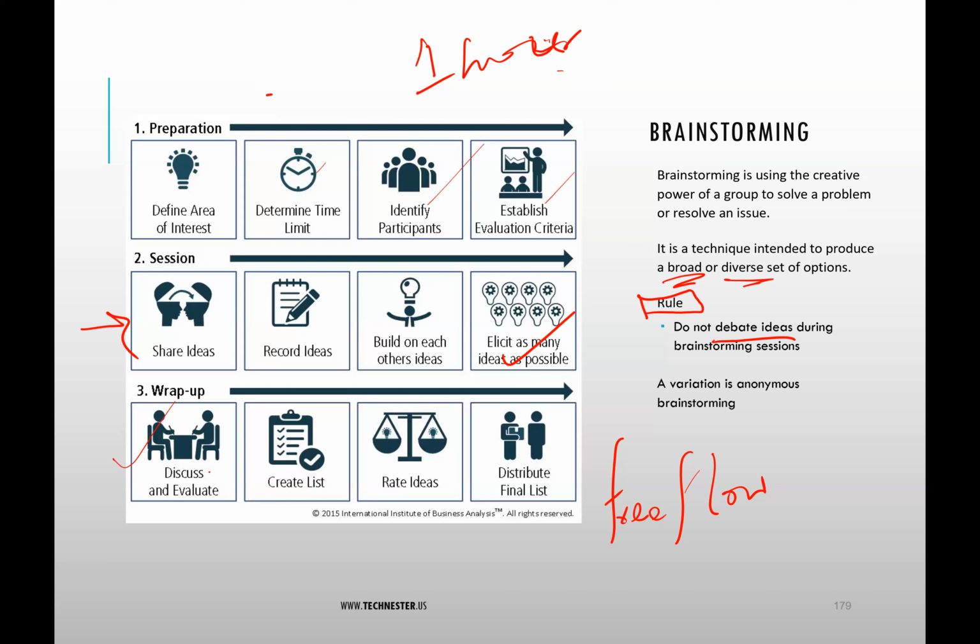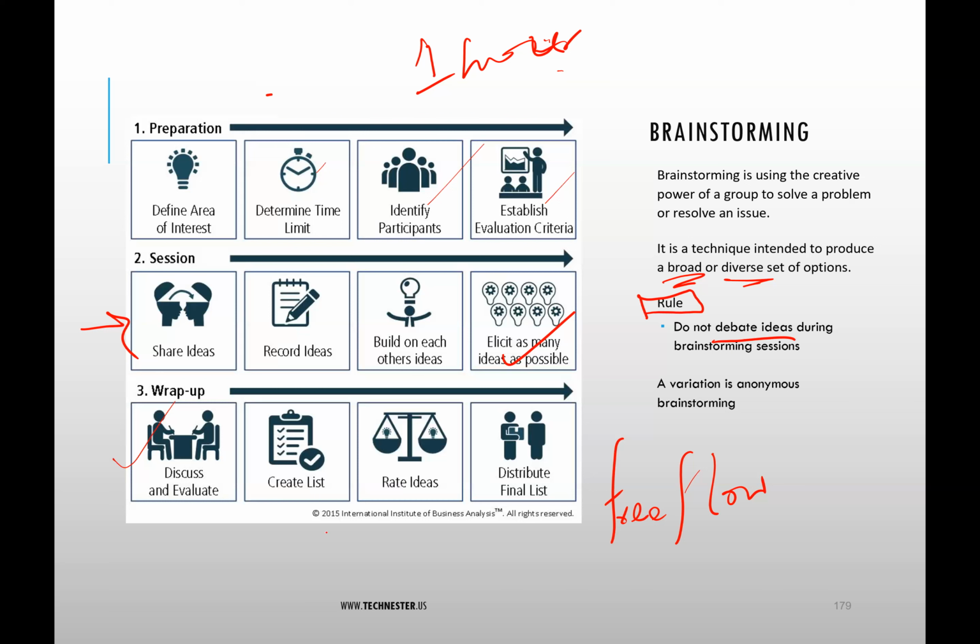You now go back and ask, okay, this idea, who shared it? You can even record the stakeholder that shared the idea as an idea attribute. Can you explain this further? Okay, so what do we think? Do we all agree with this? Based on this criteria, does this idea fit into what we want?